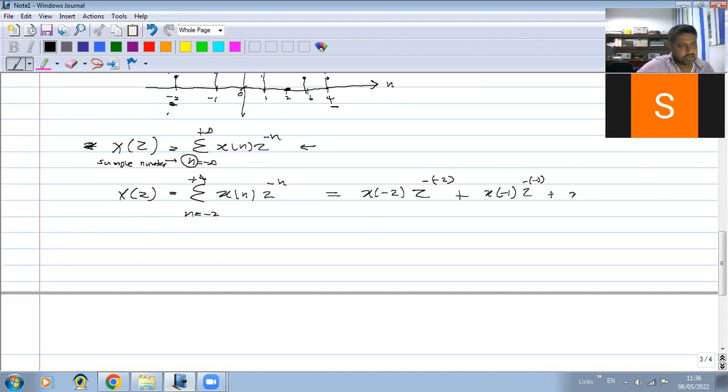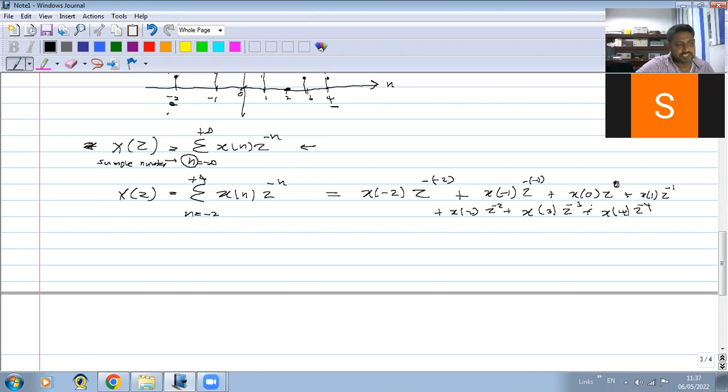Then x[0] z^0, since n is 0, plus x[1] z^(-1), plus x[2] z^(-2), plus x[3] z^(-3), plus x[4] z^(-4). So you will get this kind of series.